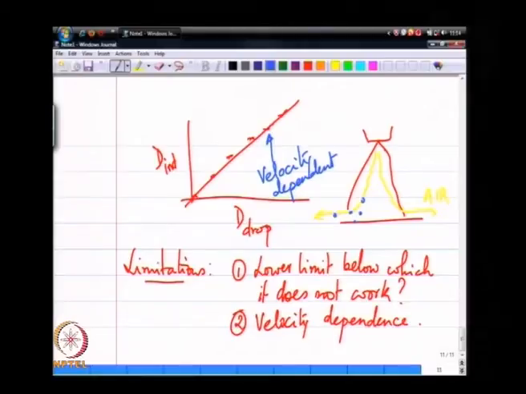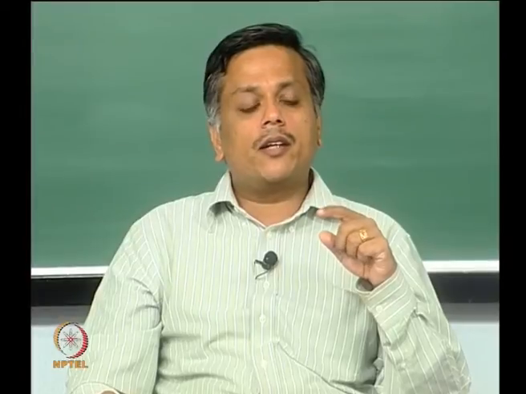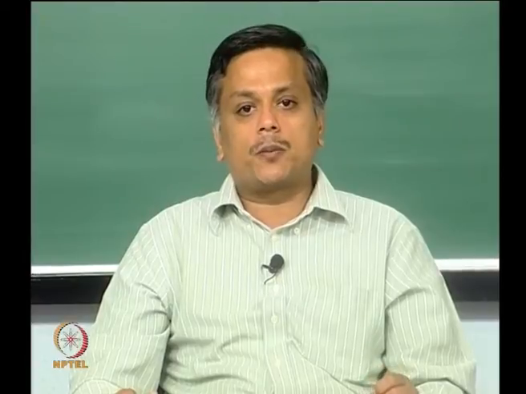It comes from the fact that if I have different sized drops in the spray moving at different velocities, then I am likely to get into this issue of not knowing what the indentation size is, meaning for a given velocity the slope is fixed, the indentation size versus drop size slope, which means that as long as all of my drops are moving at relatively speaking a similar velocity, I am likely to get a good correlation between the indentation size and the drop size.